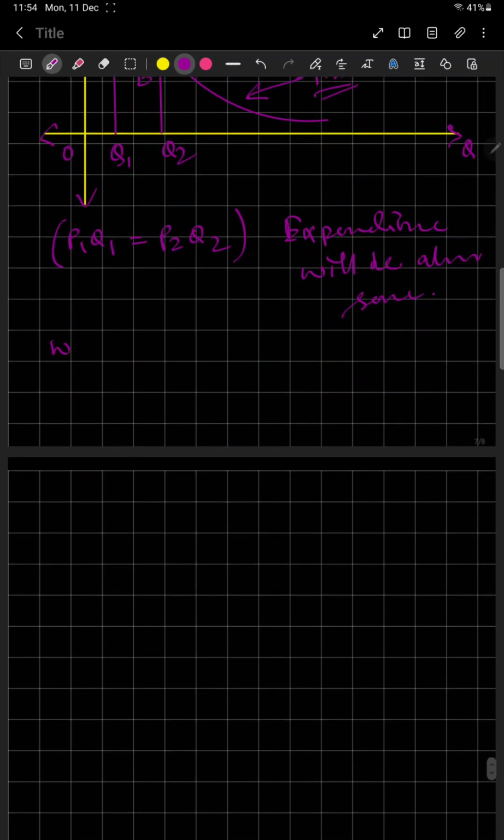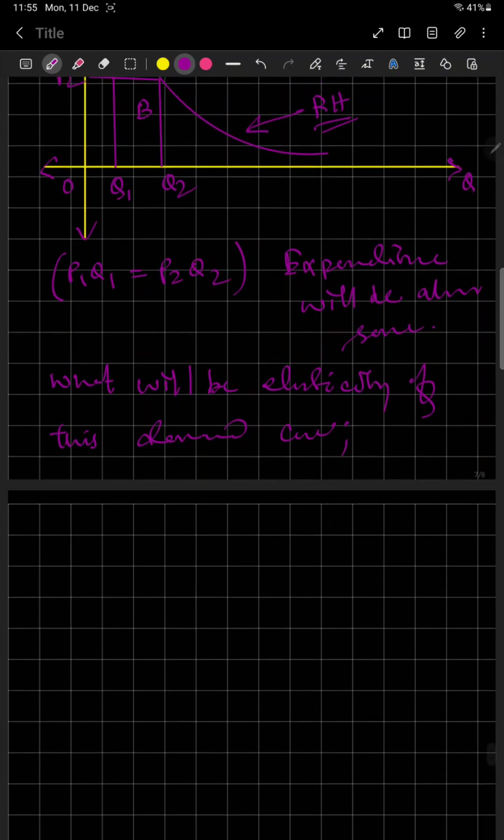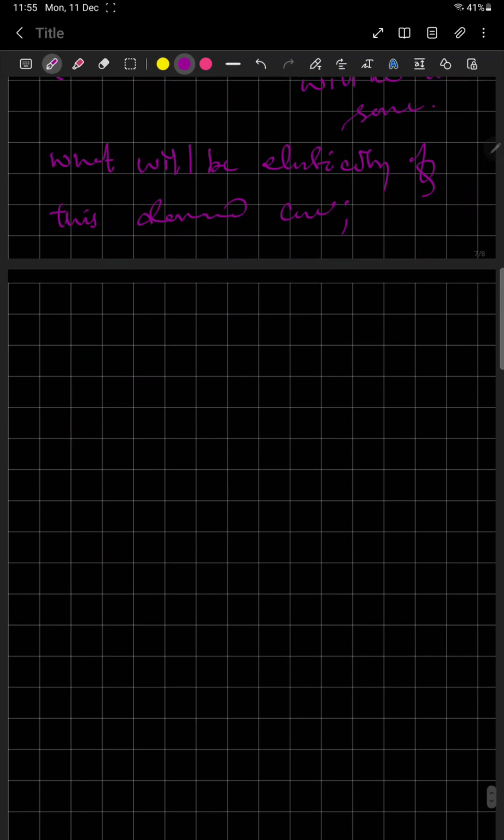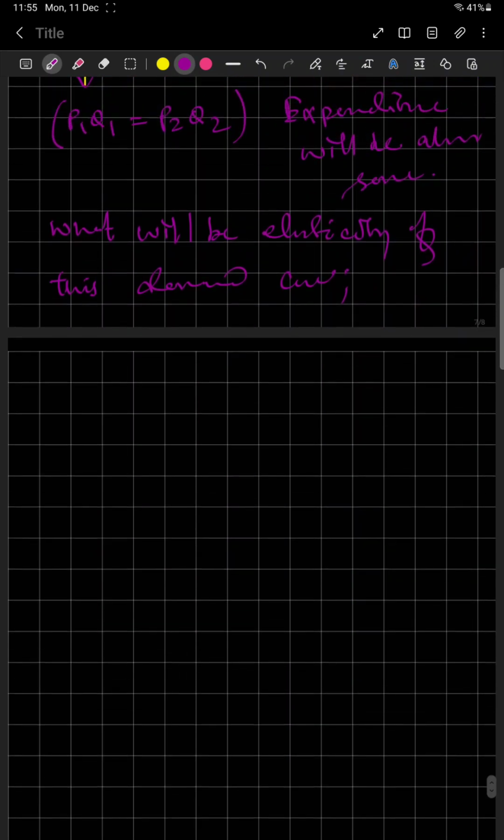So what will be the elasticity of this demand curve? Let's try to find it out. Suppose I have a demand curve. The equation of the budget line is M is equal to P1 Q1 plus P2 Q2.